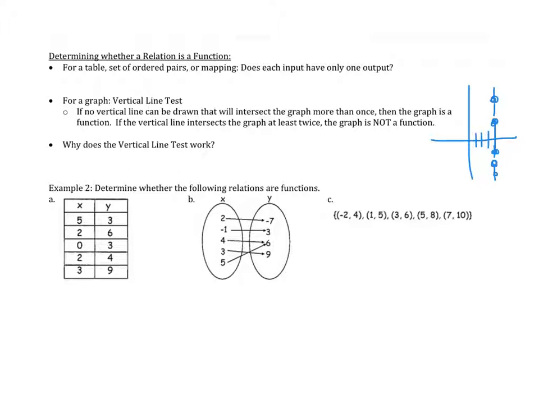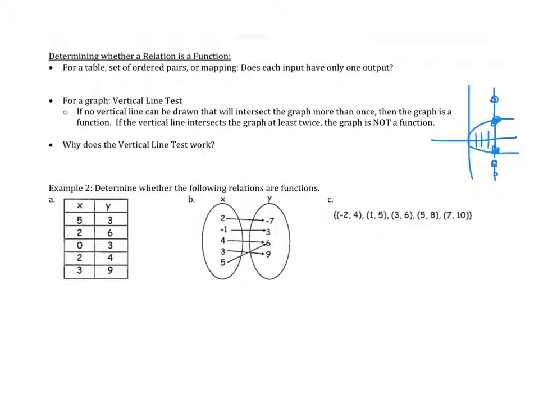So if you draw a vertical line, and let's say here's your graph, it touches two different places. For an x value of 4, we have two different outputs, which means it is not a function. If it's a function, when we plug something in, we always know we're going to get the same thing out. That's why it works. Okay, take a look at example 2, and we'll talk about how to determine whether or not these are functions, and then we'll look at some graphs.